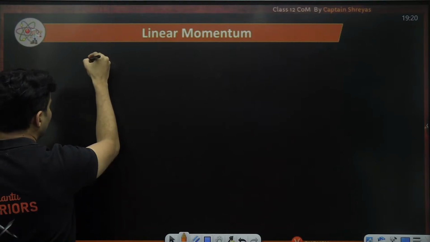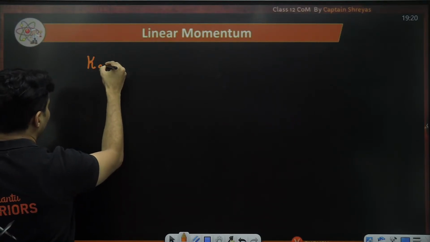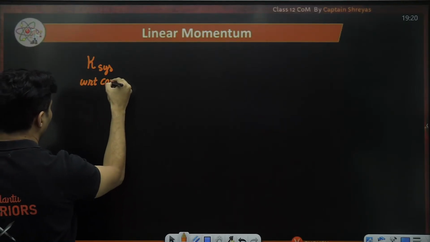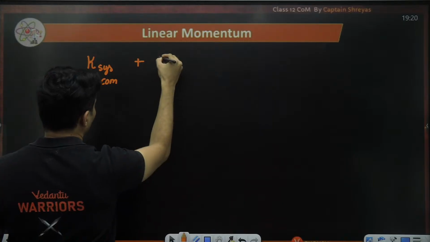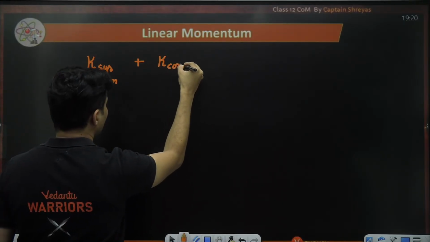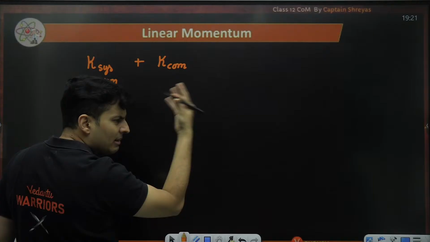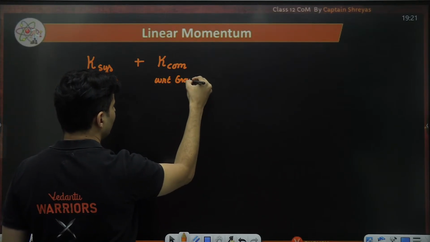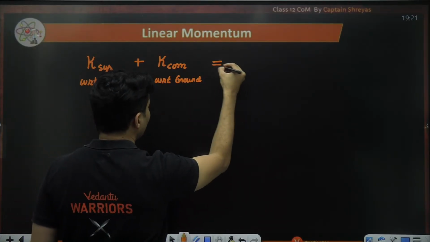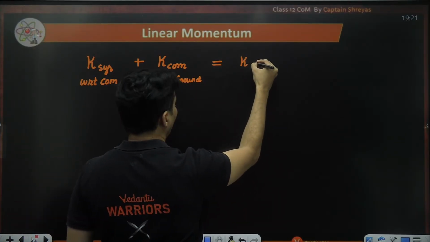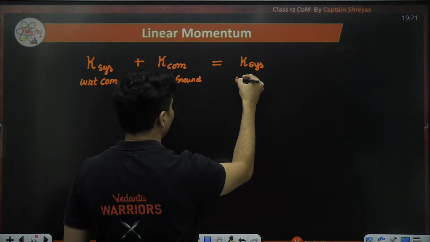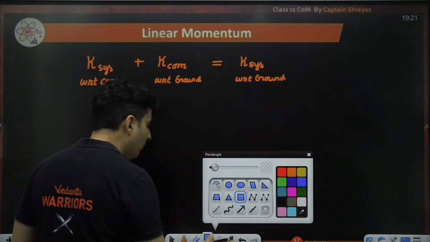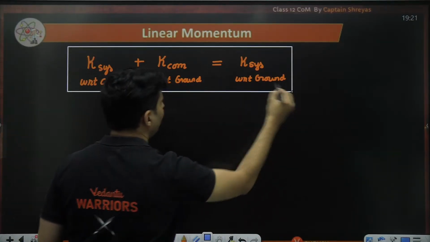The kinetic energy of the system with respect to the center of mass plus the kinetic energy of the center of mass for some frame, let's say with respect to the ground frame, will be the kinetic energy of that entire system with respect to the same ground frame. Very important relationship.